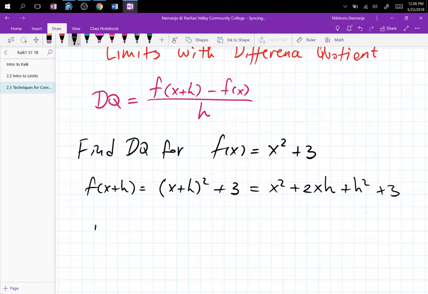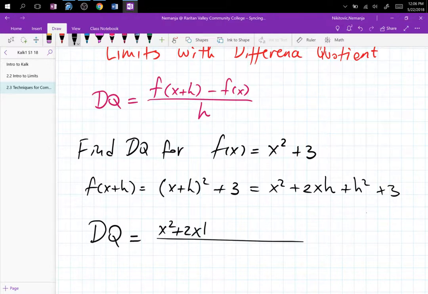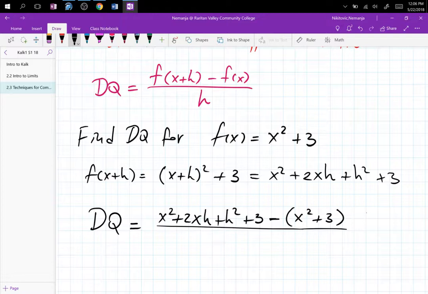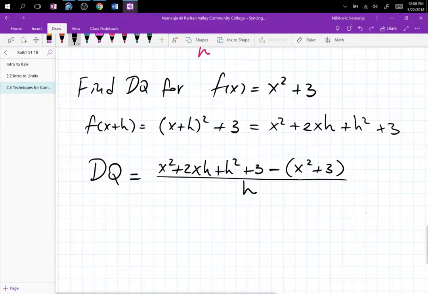So what's DQ? DQ is going to be x squared plus 2xh plus h squared plus 3. That's the first part. Minus, in parentheses, x squared plus 3. Everything divided by h.